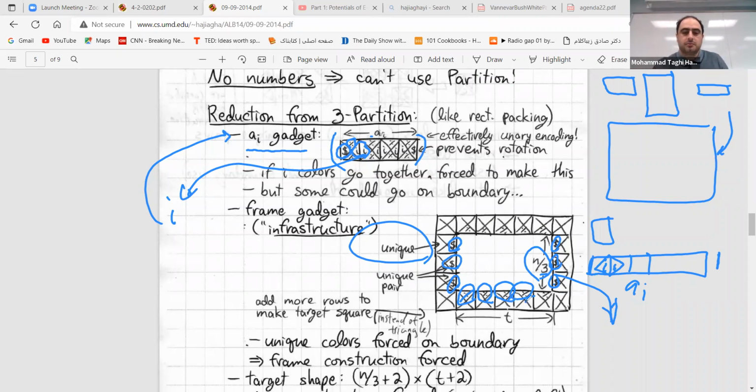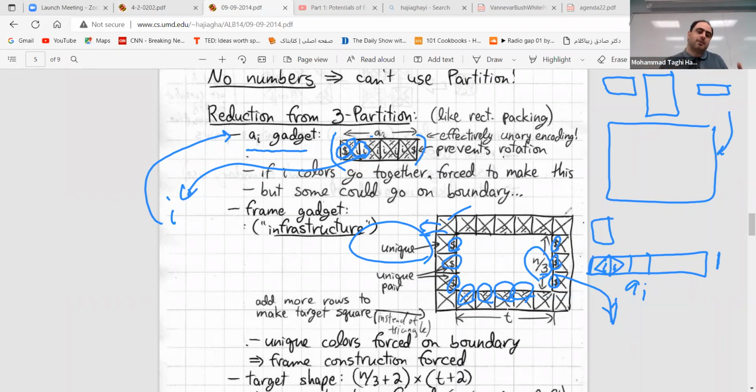You can also put some kind of unique color here, maybe some white color, to make sure that they always form this rectangle at the boundary. That's it essentially. By this color, we force that this structure happens.